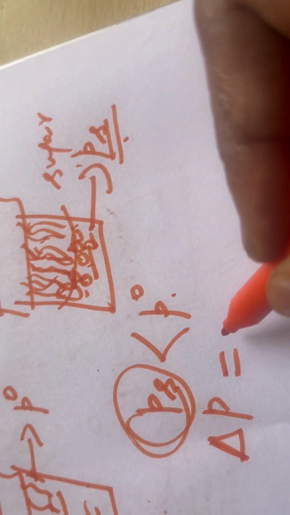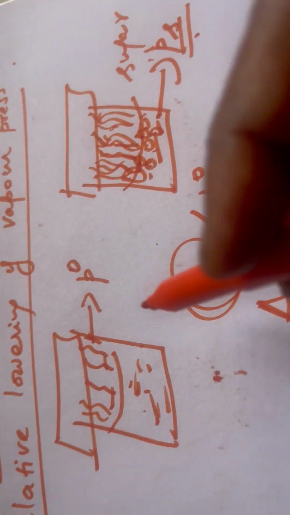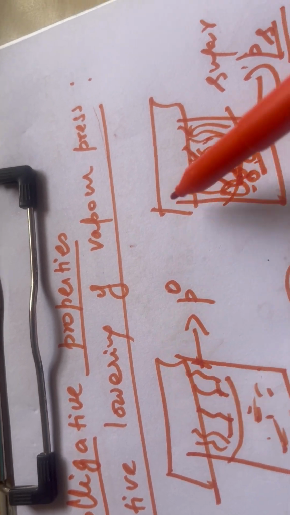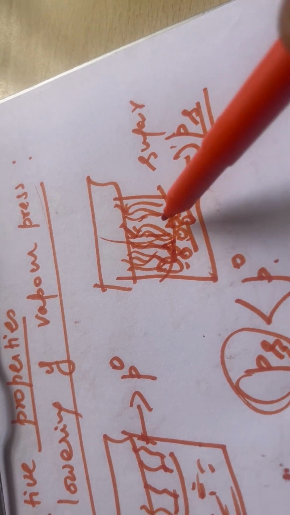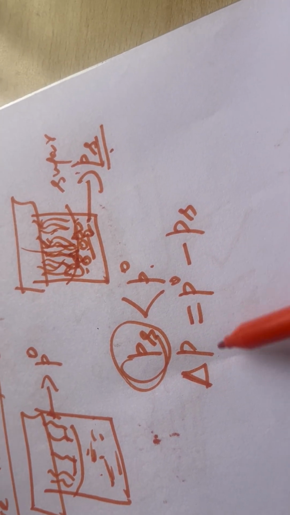Since P0 is more, we write it as P0 minus PS. By the addition of solute to the pure solvent, the vapor pressure is getting decreased. That is why we call this lowering of vapor pressure.